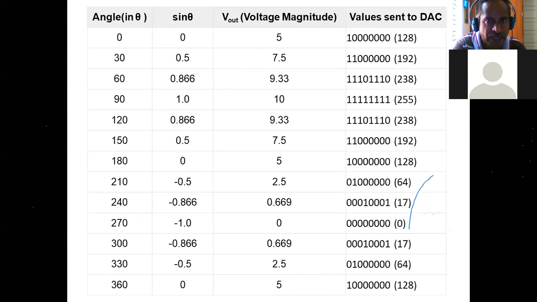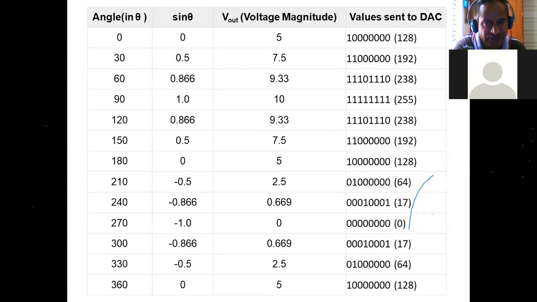To get 5 volts in the given circuit, we must apply a digital signal 10000000 like this. For a 30 degree angle, sine 30 is 0.5.